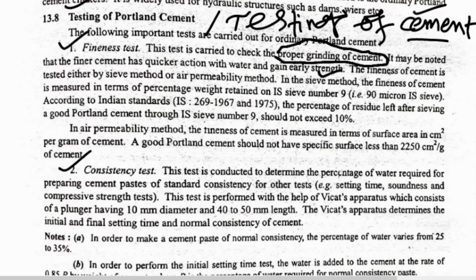The fineness of cement is tested either by sieve method or air permeability method. Fineness of cement is tested by sieve method.